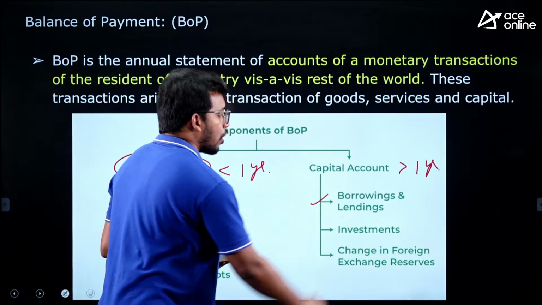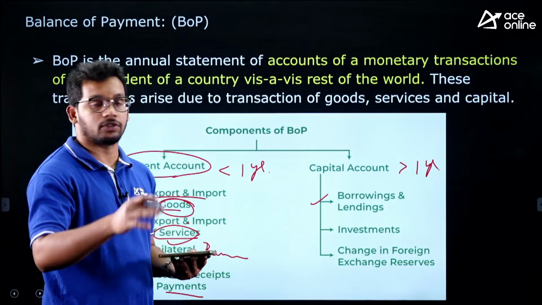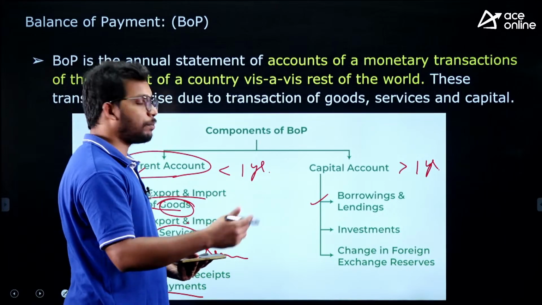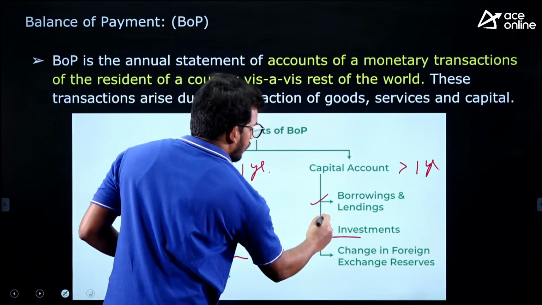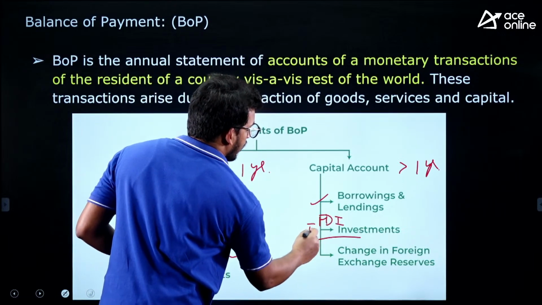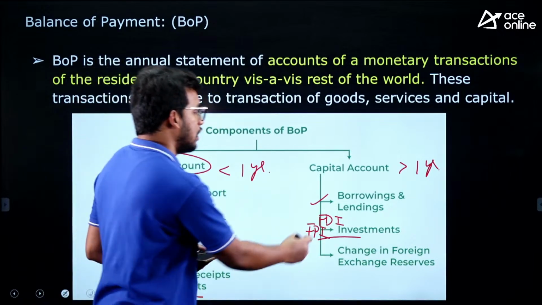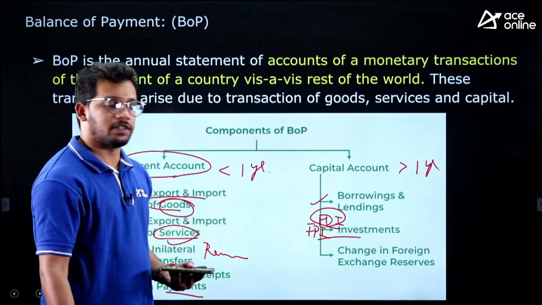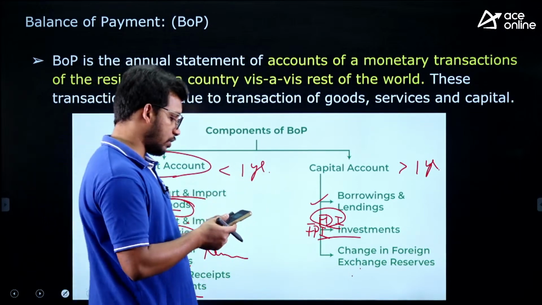Capital account covers borrowings and lendings, what the government or private companies and banks take from foreign companies and people. Investments like FDI and FPI, foreign portfolio investments in stock markets, and FDI, where investors invest in companies in India. Change in foreign exchange reserve. So these are the capital account.